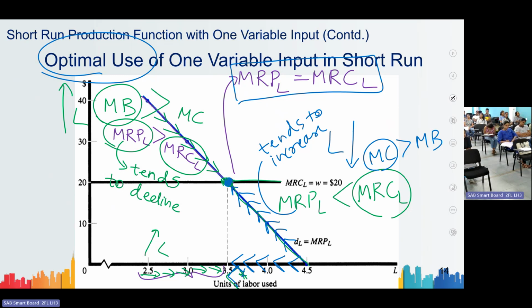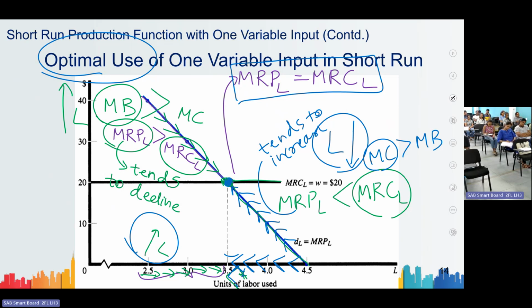Before that point, the firm tends to increase its labor input because marginal benefit of extra labor is greater than marginal cost of an extra labor. Beyond this point, the firm tends to cut down its labor because marginal cost of additional labor input is greater than marginal benefit of an extra labor input.